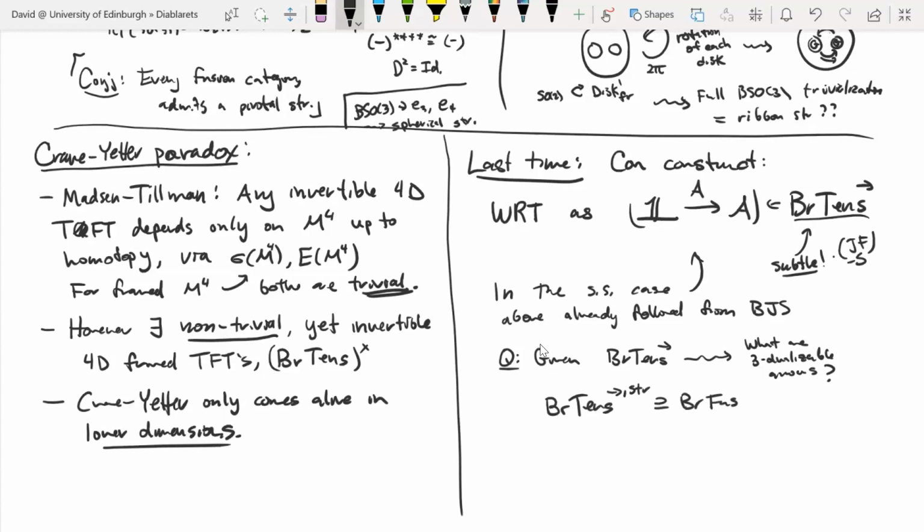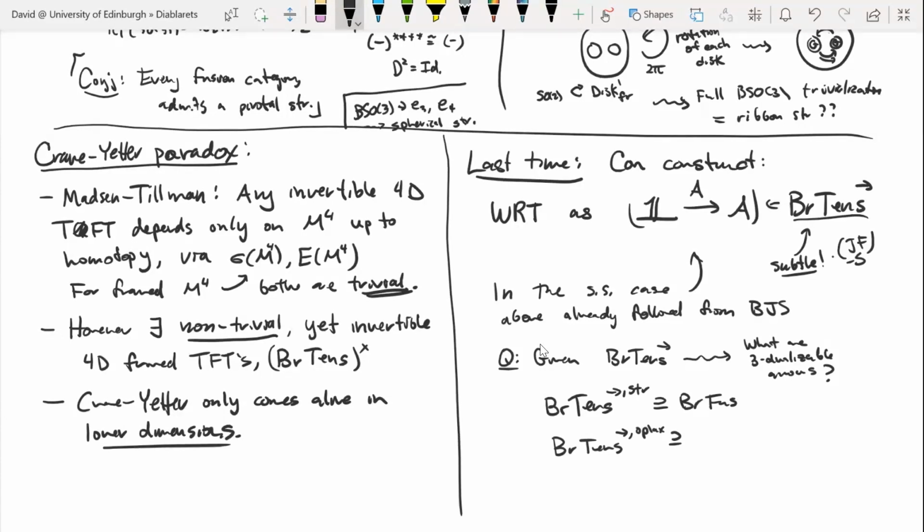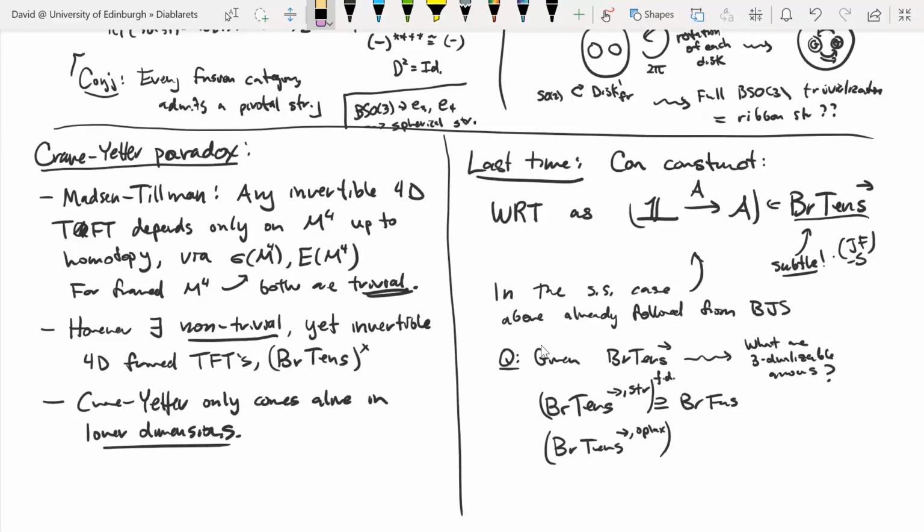But the question that was interesting, which was answered by Ben, is that if you work with oplax, then, okay, sorry, what do I mean to say? Here, we take fully dualizable, and then you get the braided fusion categories. Here, we want to take all but dualizable.